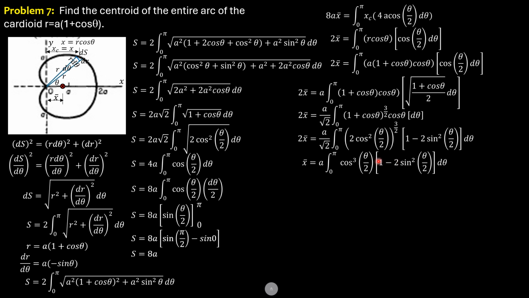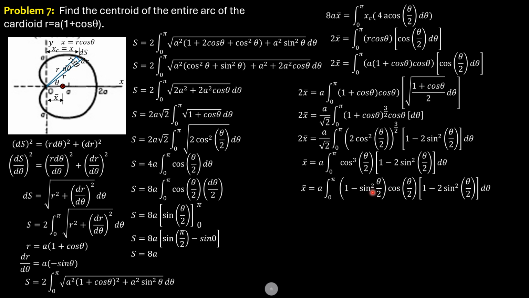So we replace cosine square theta over 2 by 1 minus sine square theta over 2. So x bar is a integral 0 to pi of 1 minus sine square theta over 2 times cosine theta over 2 times quantity 1 minus 2 sine square theta over 2 d theta. So again, this is originally cosine square theta over 2 times cosine theta over 2, so that makes it cosine cube of theta over 2.